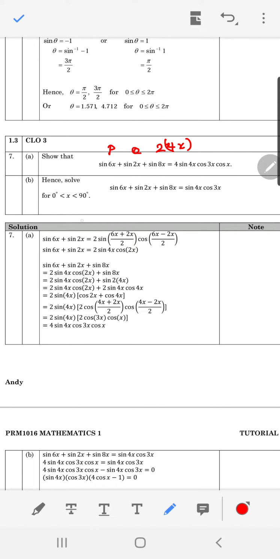So you're using the factor formula for sin P plus sin Q, which is equal to 2 sin cos.